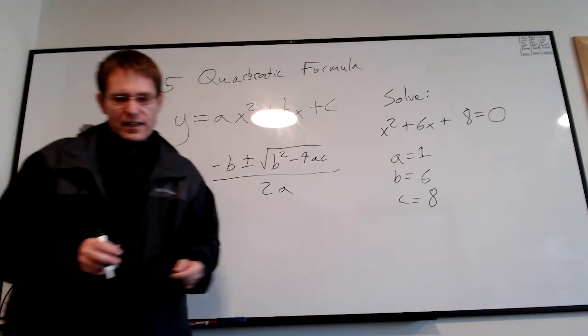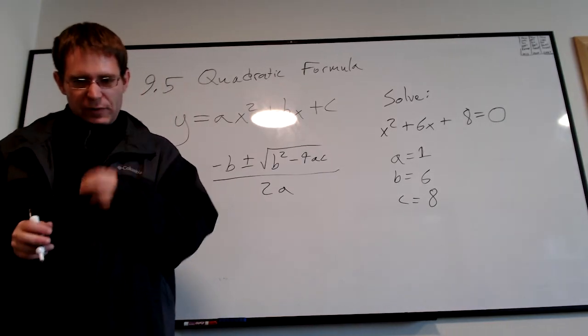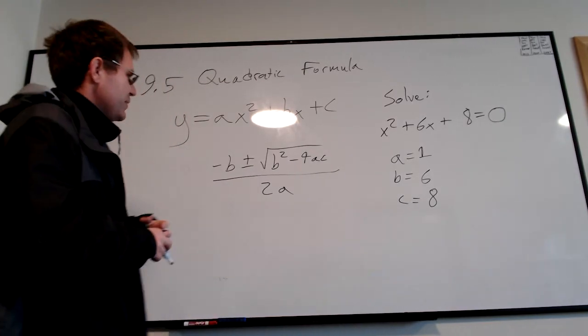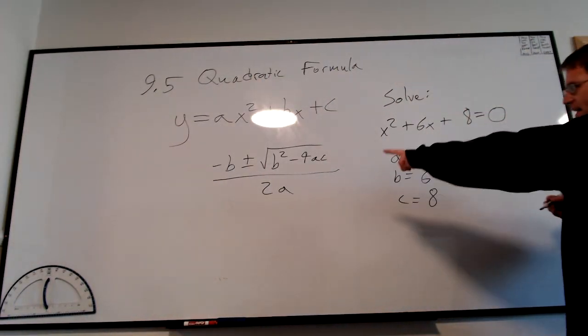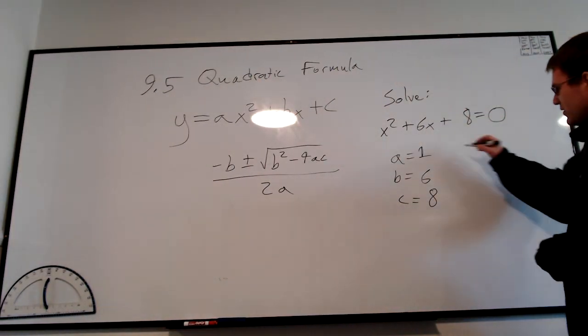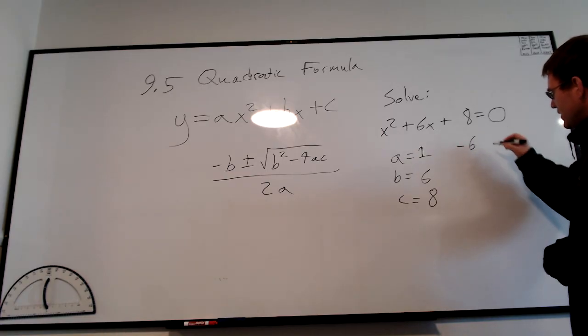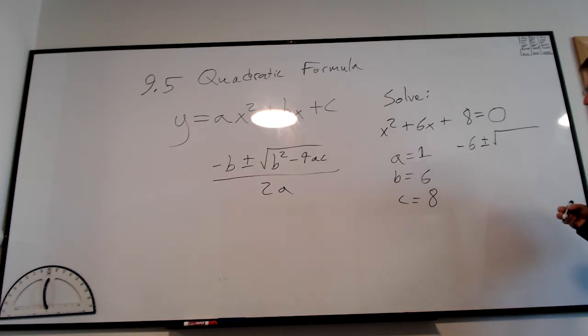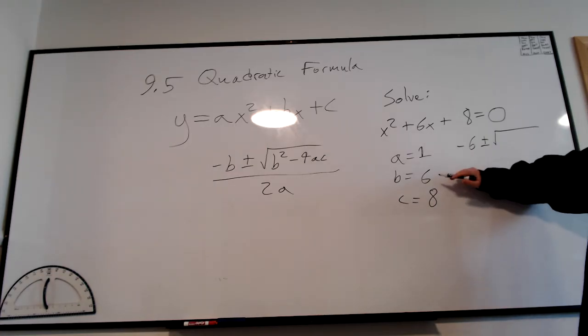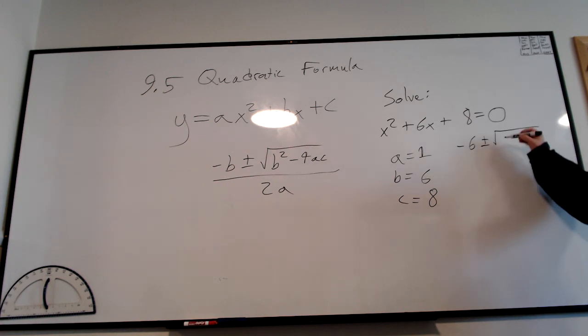Okay, so then what we want to do is set it up. So we've got negative b. Okay, so that's negative 6 plus minus the square root of b squared. So we know that's b squared. 6 times 6 is 36. So I'm just going to go ahead and put 36 in here.